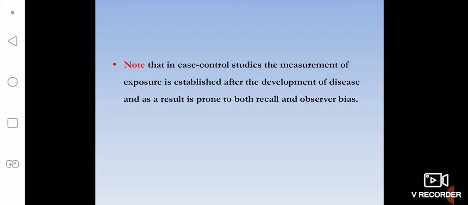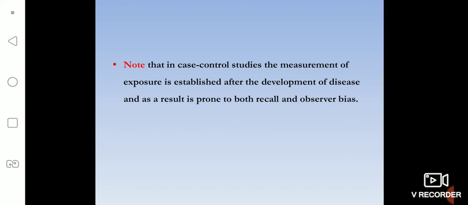Note the very important point here in case control studies: the measurement of exposure is established after the development of disease, and as a result there are highest possibilities of recall bias and observer bias. I hope you understand the point here.